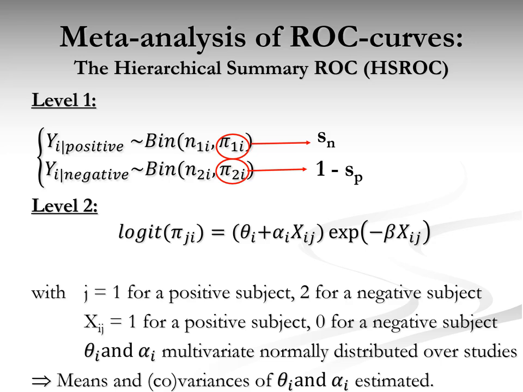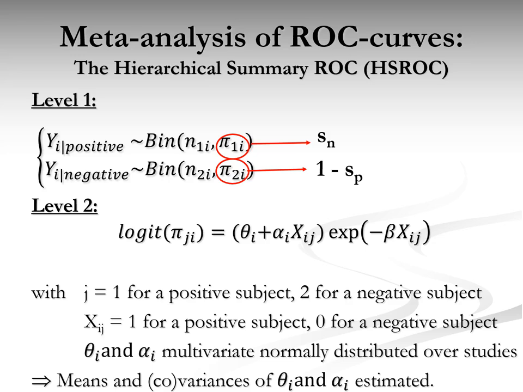The number of positively tested negative cases follows a binomial distribution with the number of negative cases in that study and with a probability that is equal to 1 minus specificity.